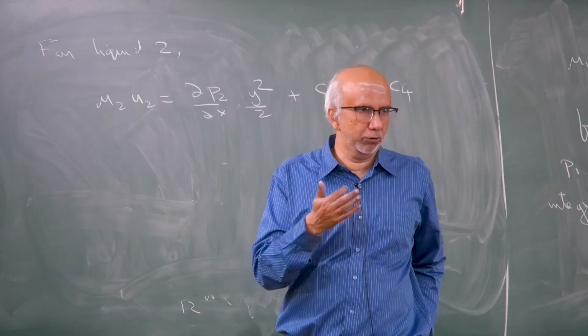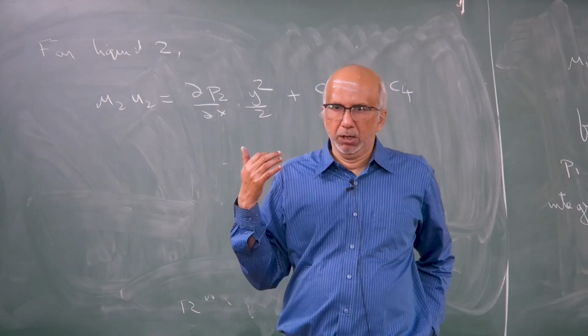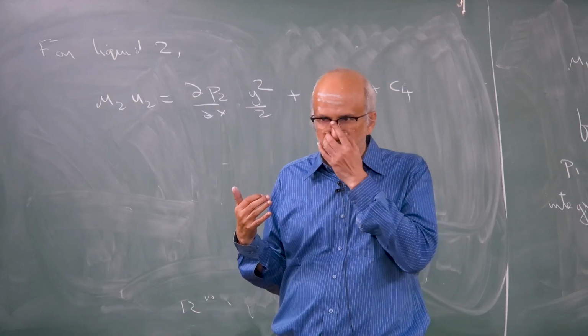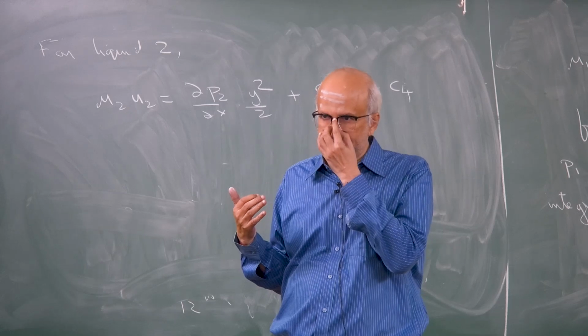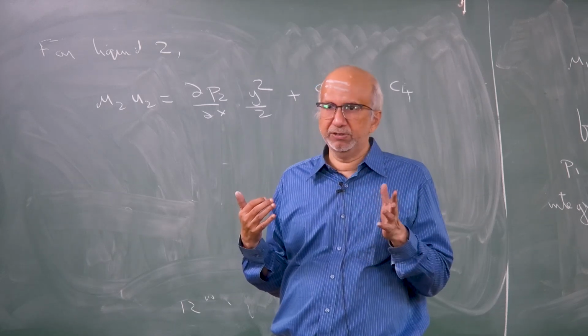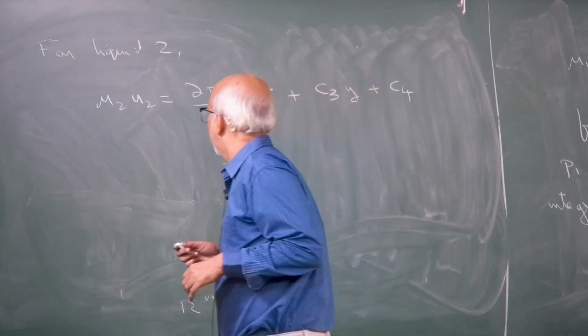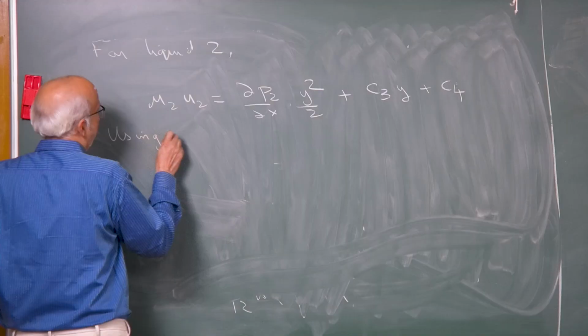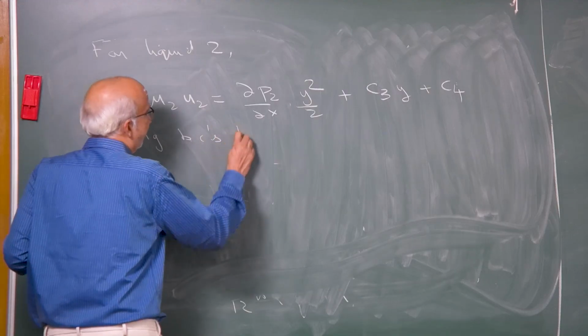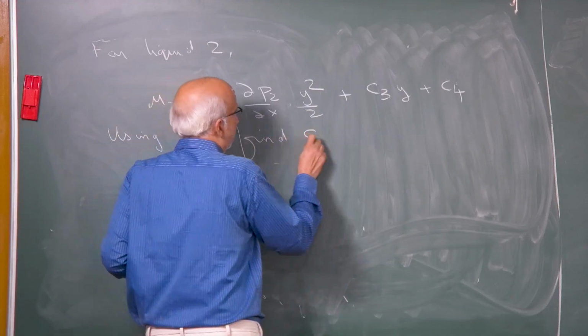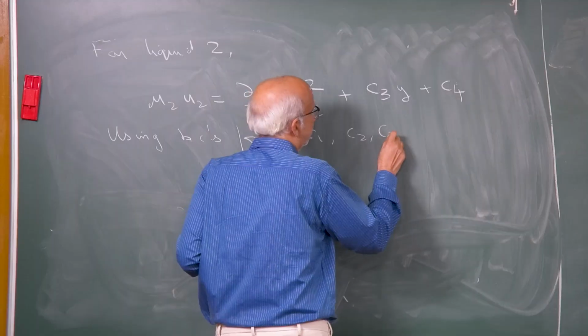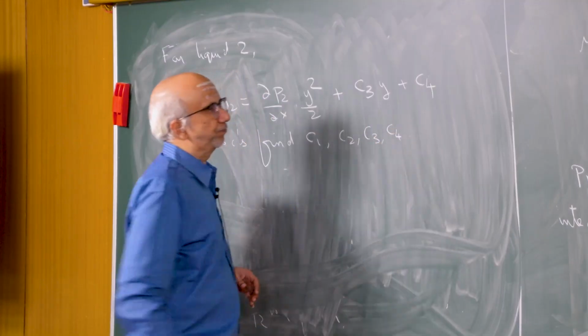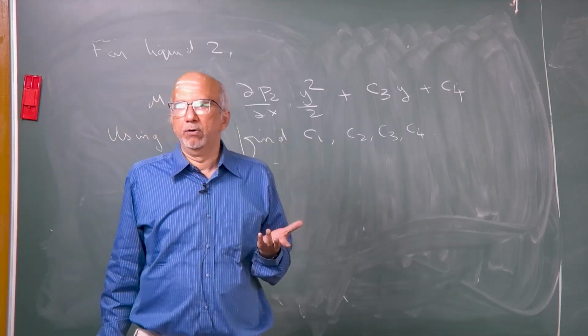So, that is something I want you to do. I have given you the expressions for u1 and u2. So, use the boundary conditions and find the constants C1, C2, C3, C4, and then what do you have?